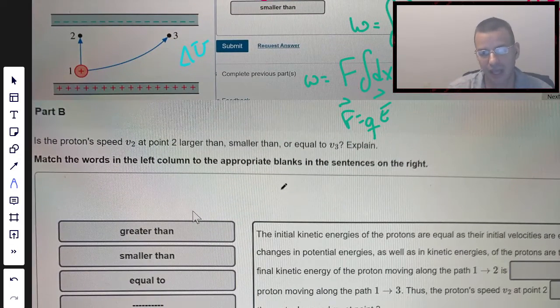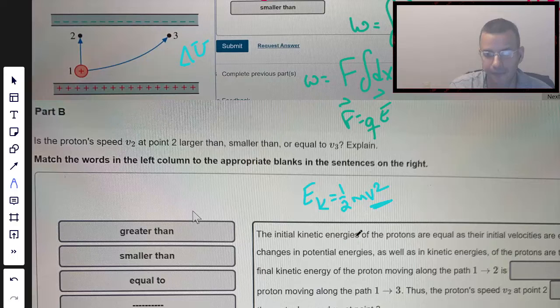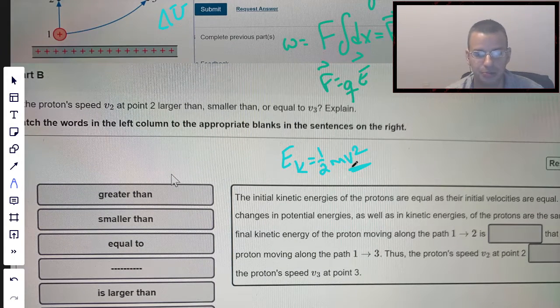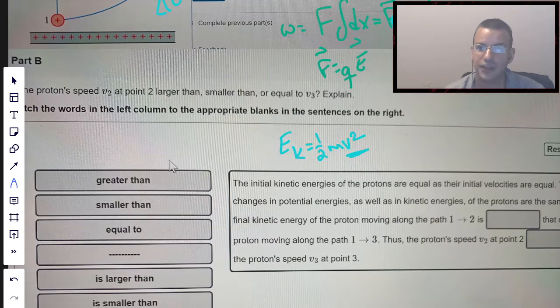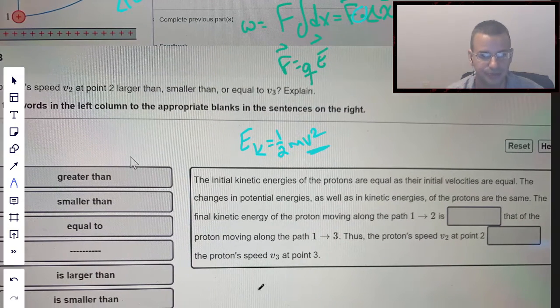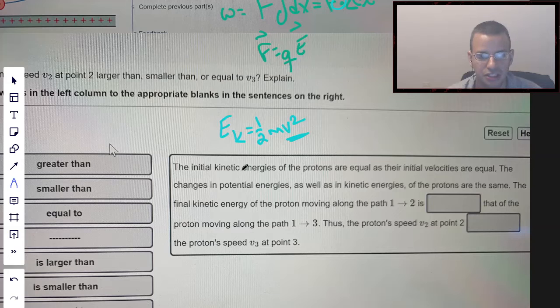Therefore, kinetic energy, which in this case is going to be 1/2 mv squared, is going to be the same. Since the masses of both of these particles are the same, the velocities squared are going to be the same. Therefore, the velocities will be the same. So the initial kinetic energies of the protons are equal as their initial velocities are equal. Correct. The changes in potential energy as well as kinetic energy of the protons are the same.